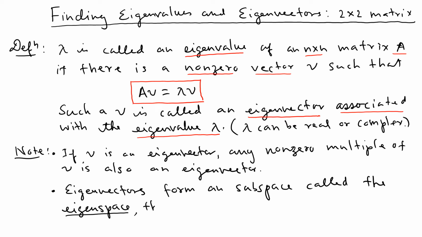The basis vectors, because any vector space has a basis, are called the eigenbasis.